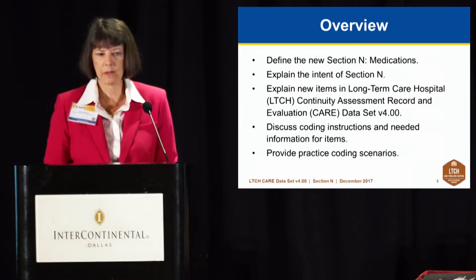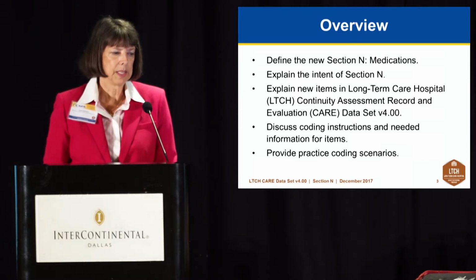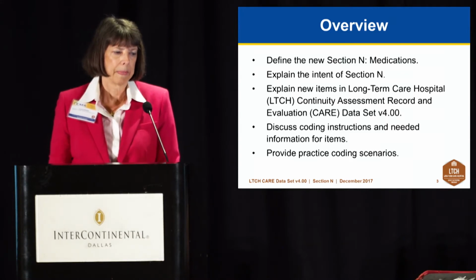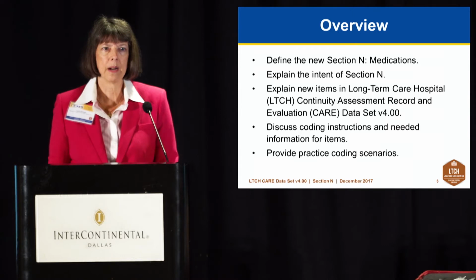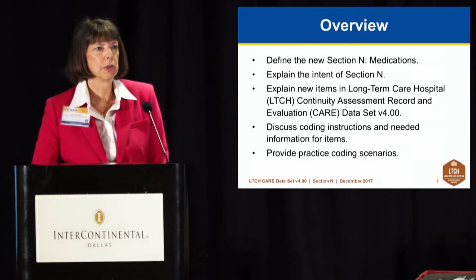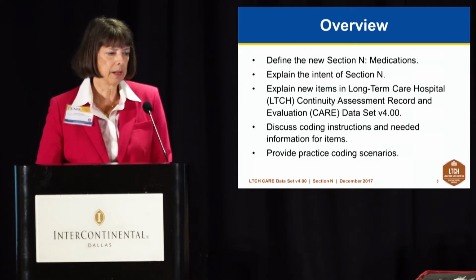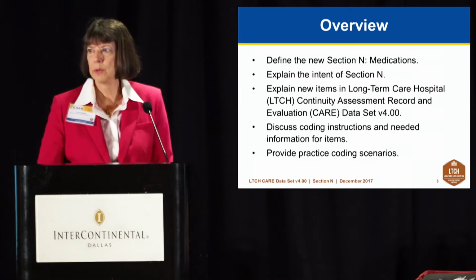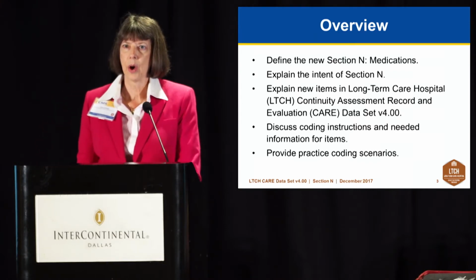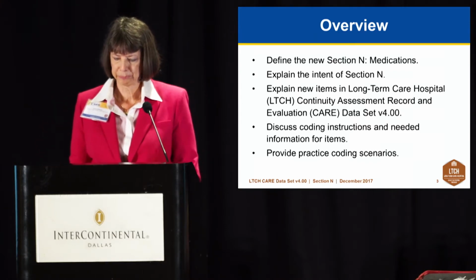This is your version 4. We'll be discussing coding instructions and the needed information that are essential for you to code these items accurately. And we'll also be providing you with practice coding scenarios as well.